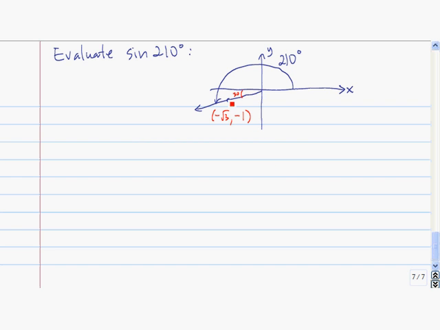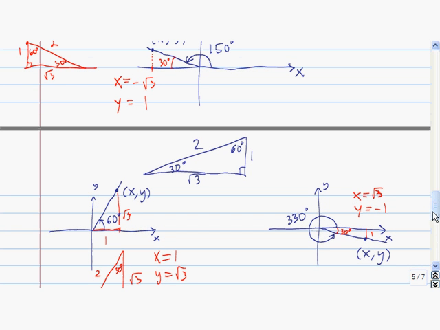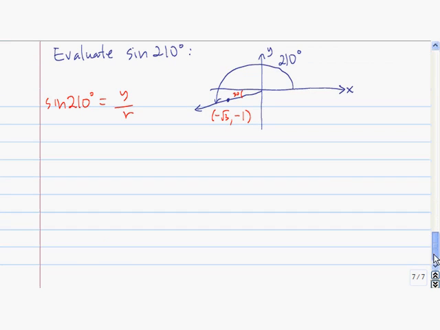So now all we need to do is say, sine of 210 degrees is y divided by r. The one thing that we're missing is this value of r. But that value of r is just the length of this hypotenuse. So r is equal to 2.